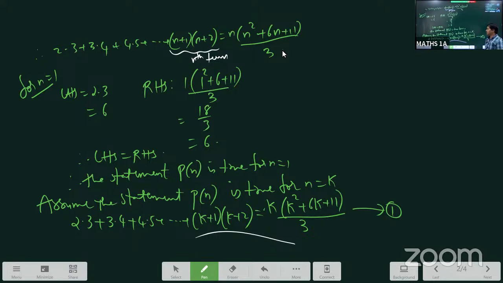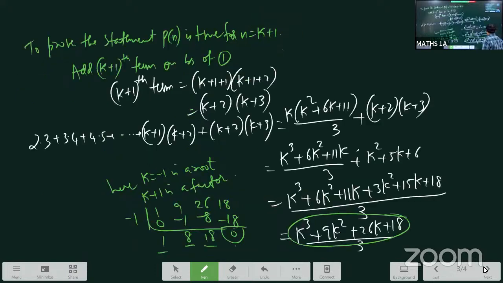Now assume the statement is true for n equal to k. Directly you put n equal to k on both sides. Next, we have to prove for n equal to k plus 1, which means add the k plus 1th term on both sides. So how to get the k plus 1th term? Every sum the same procedure. Substitute n as k plus 1 in your nth term.